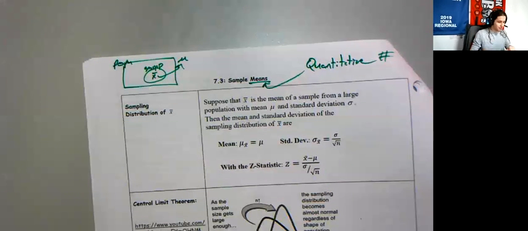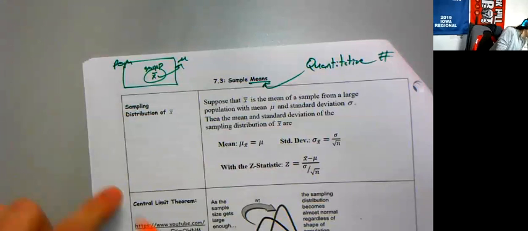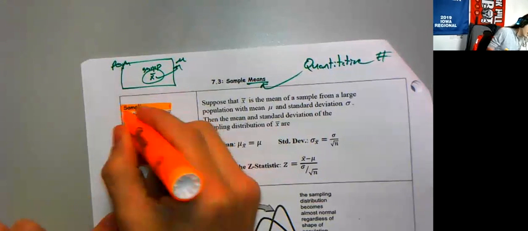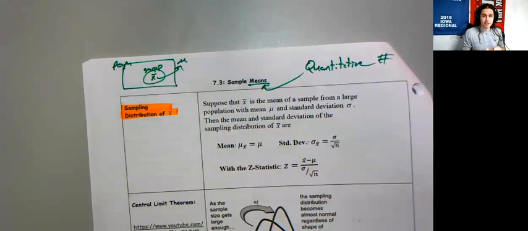So, sampling distribution of X bar. Once again, I'm going to keep saying it, there's a lot of vocabulary in this unit. Sampling distribution of X bar. What does that even mean? That means if we repeatedly took samples and got a bunch of averages from those samples, what would the distribution of those sample averages be?